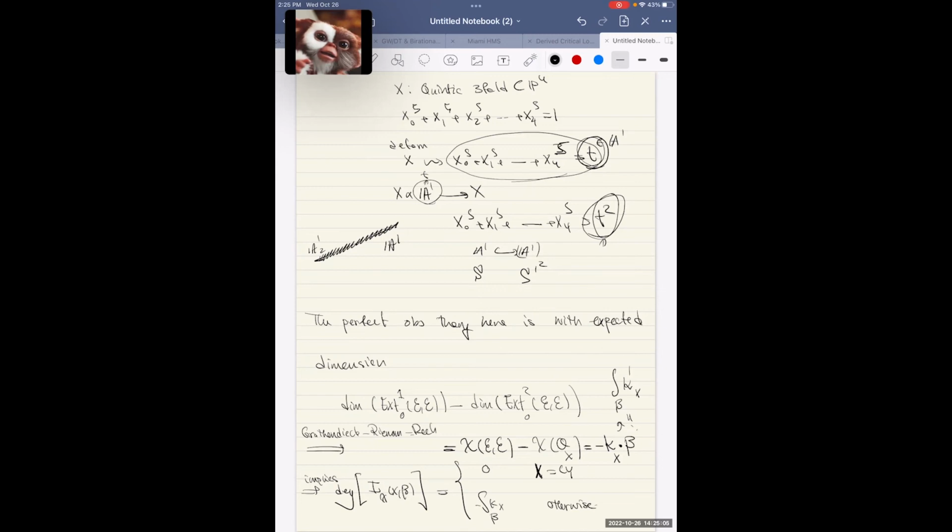If X is Calabi-Yau, K of X would be O of X, a trivial bundle. Its intersection with the homology class beta is going to be 0.